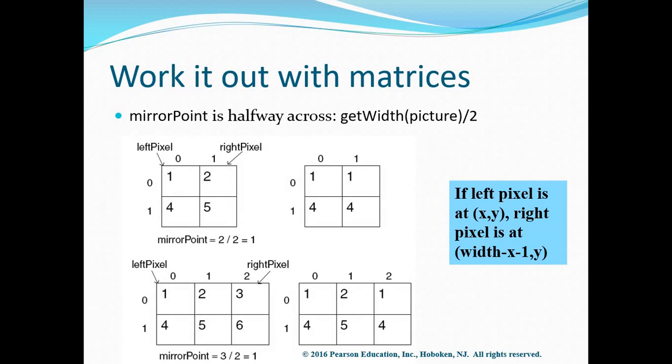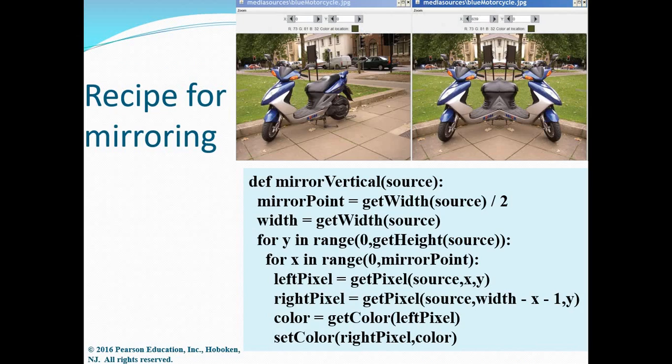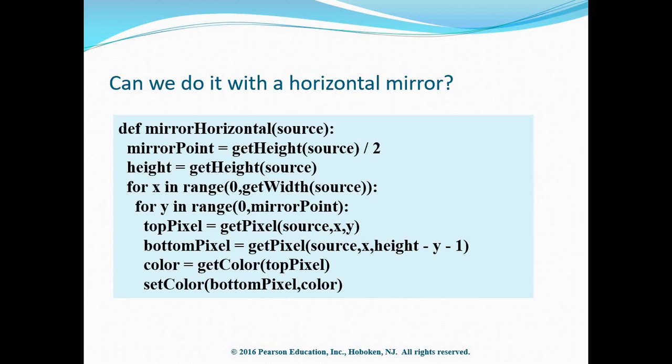Here's how mirroring would look with a matrix table. Mirroring is the opposite. Think of a funhouse. Mirroring can be done horizontally as well as vertically, but it may not look as good horizontally.